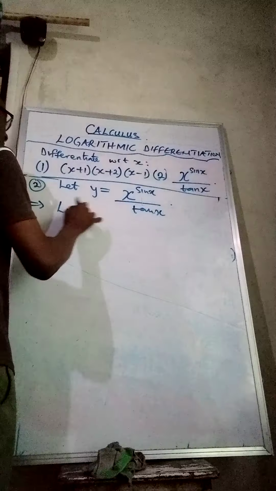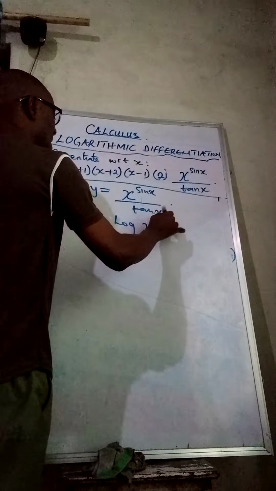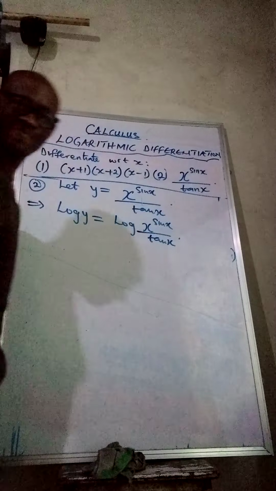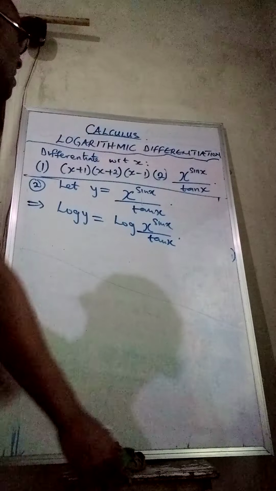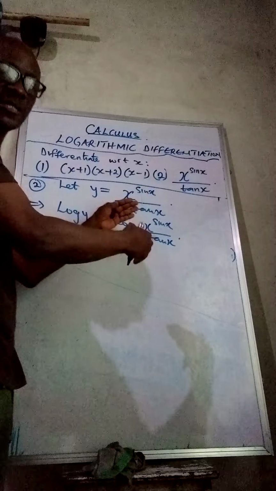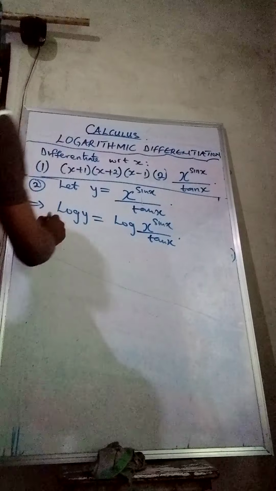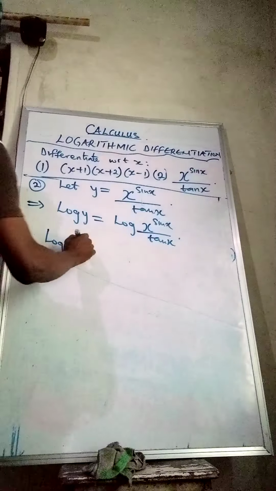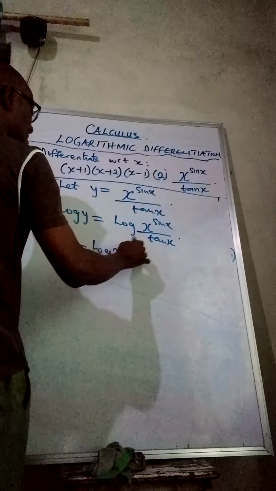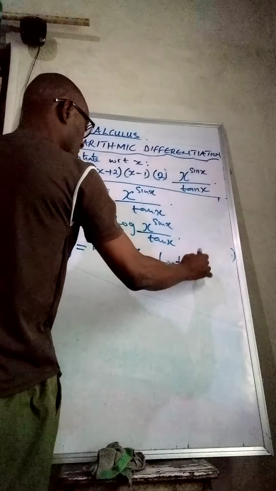That will be log y equals log of x raised to power sine x over tan x. Do not forget that when you have division and you want to separate the functions, the division will become minus according to the law of logarithms. So we have log y equals log x raised to power sine x minus log tan x.